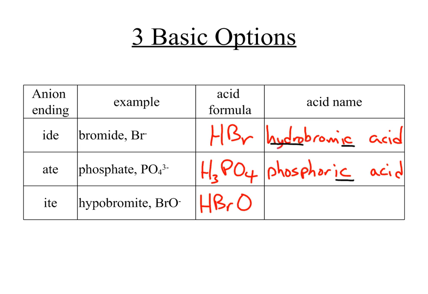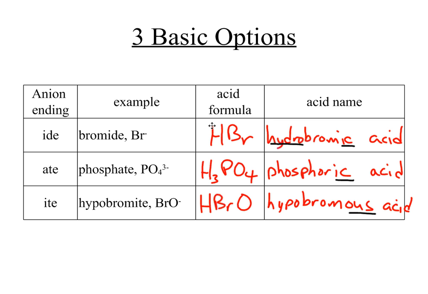And the ite ending goes to an OUS acid. So we just basically recopy hypobrom, but instead of the ite ending, we're going to add OUS. So we have hypobromous acid.